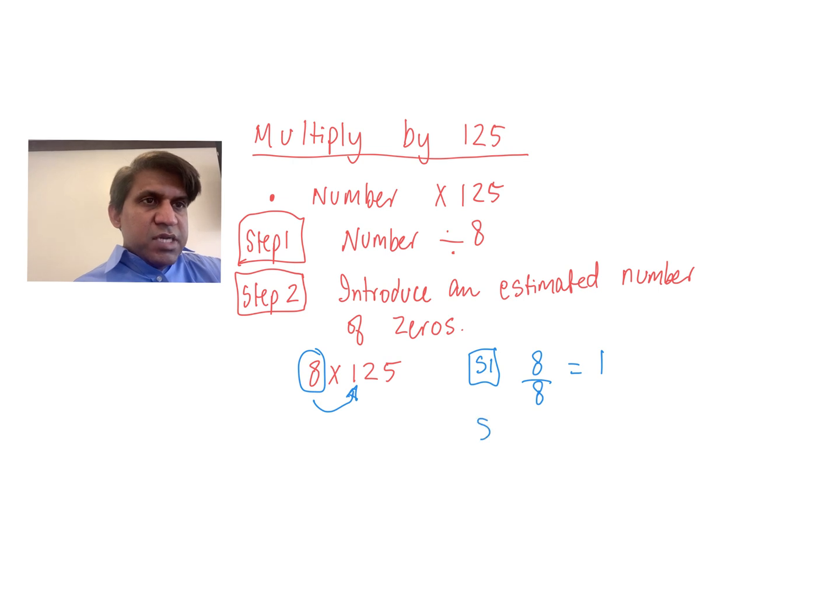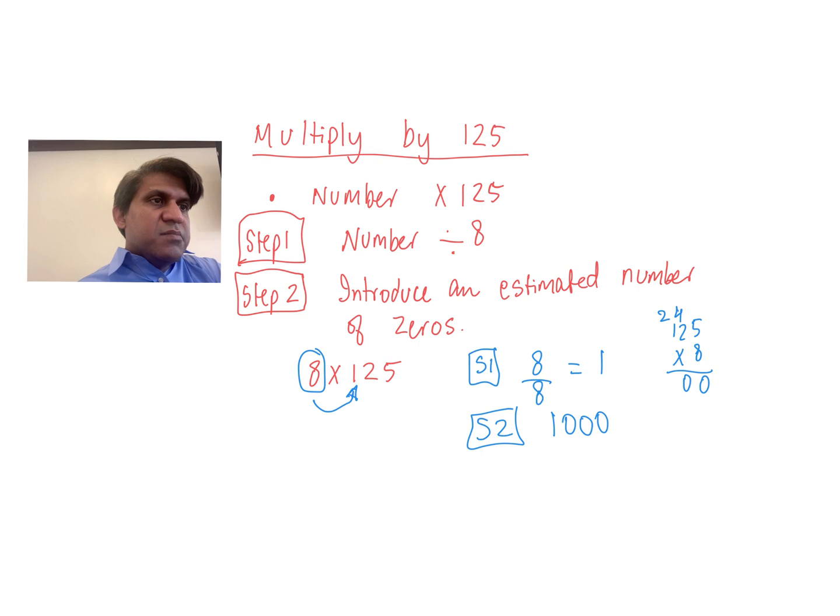So step 2 says introduce an estimated amount or number of zeros. So for this I'm going to put in 1000. It will be close to 1000. And if I were even to use the traditional algorithm to multiply, 8 times 2 is 16, 16 plus 4 is 20, then 8 times 1 is 8, plus 2 is 10. So we get 1000. So divide the number by 8 and then introduce an estimated number of zeros depending on the question.